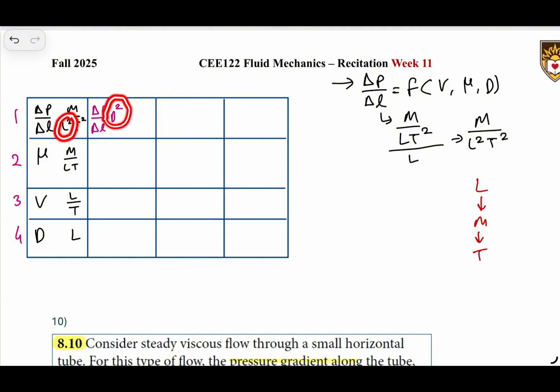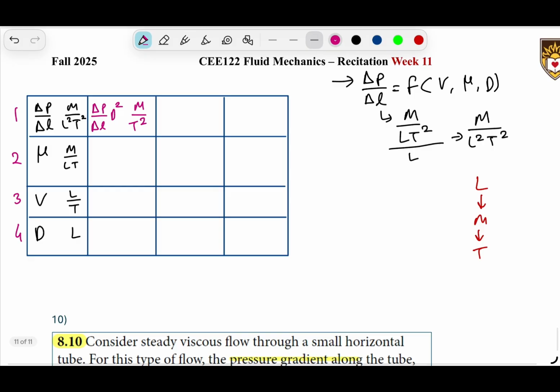So if we multiply it by d square, then we will get rid of L. So here we have m over t square. For the second one, again, we can multiply it by d, or L, because L is the dimension of d. So here we will have m over t.